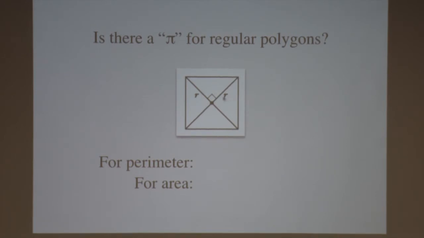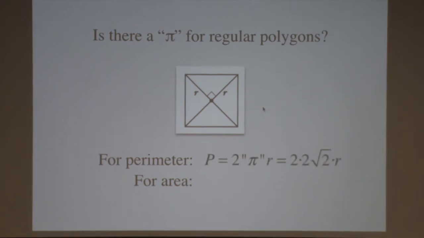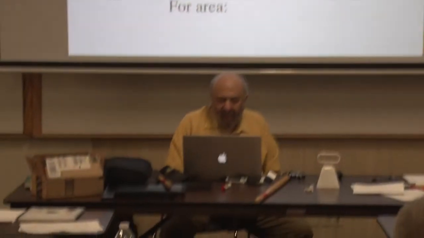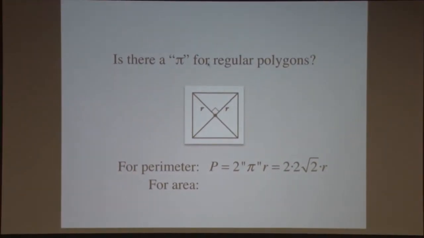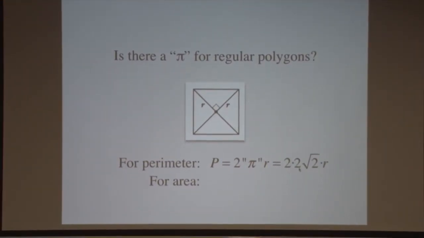No. The radius is r. This length is r. So if this is r, this is r times square root of 2, and there's 4 of them, which is 2 times 2 of them.